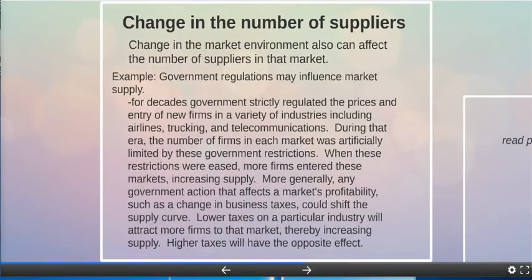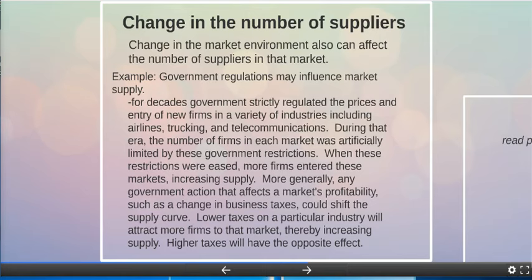A change in the number of suppliers. Any change in the market environment also can affect the number of suppliers in the market. To explain this best would be by an example, and government regulations are the greatest example. So government regulations may influence market supply.